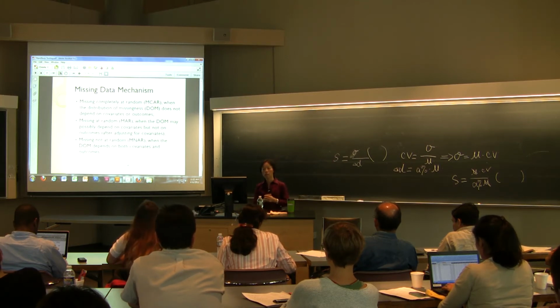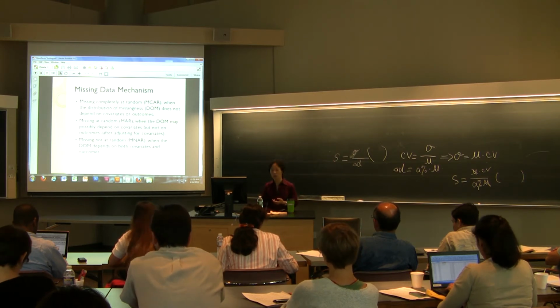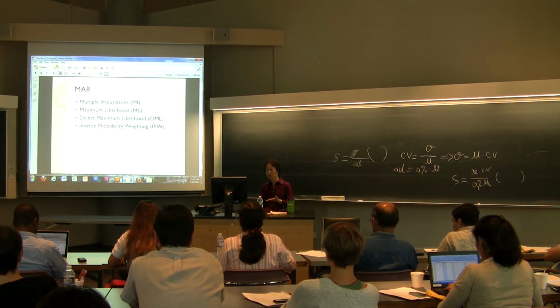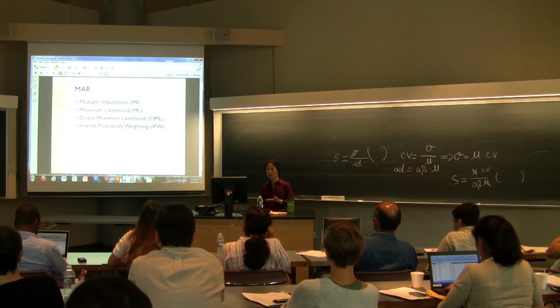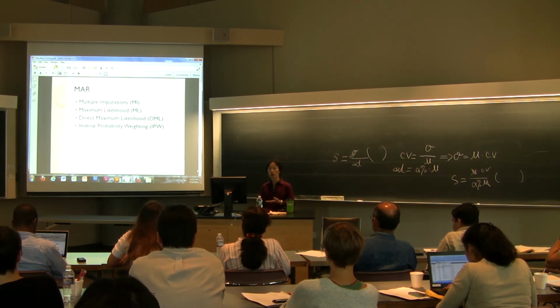The third type is missing not at random, where the distribution of missingness depends on both covariates and the outcome. I'm not going to talk about them in detail. If you have a missing data problem, you need to consult with a statistician on how to deal with it.